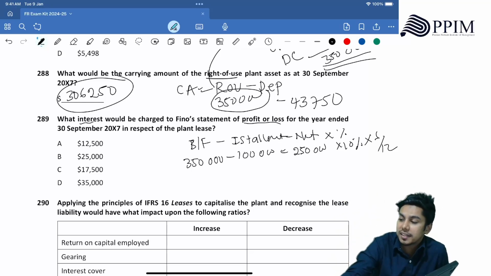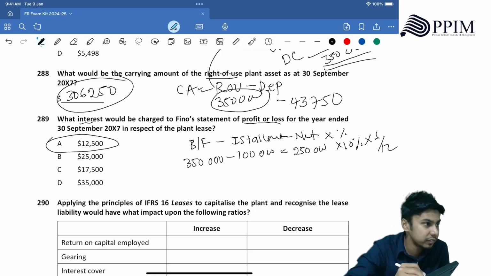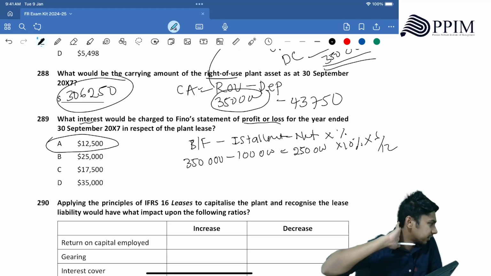Right now, guys, can you check and see your answer on this one, guys, faster? So the answer will be 12,500. This has to be the answer. Okay, 12,500.